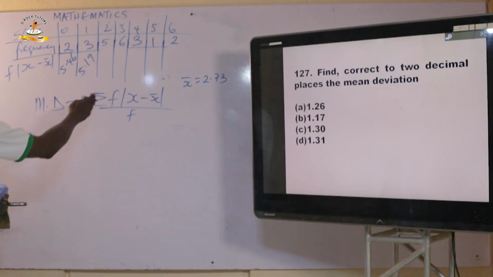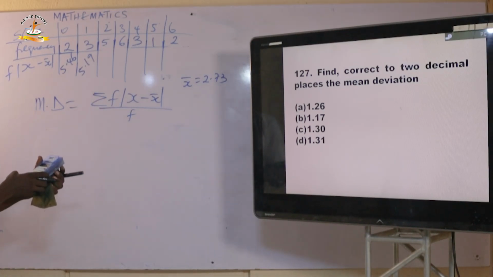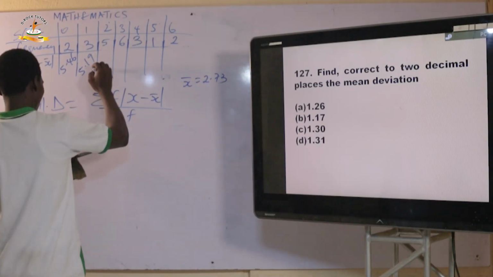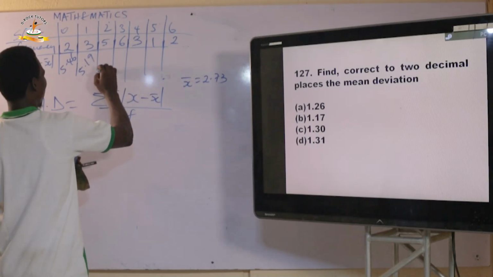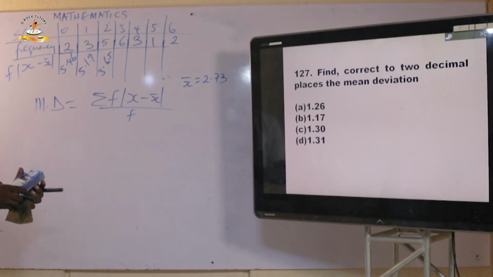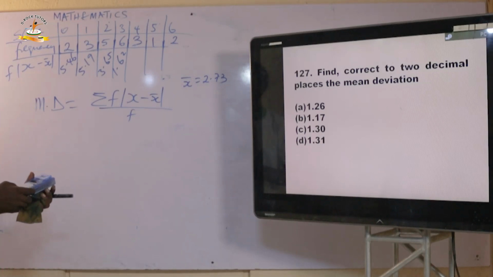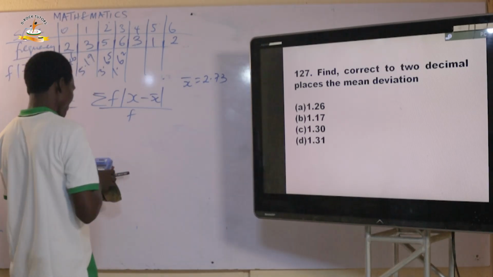I'm taking off the negative because of the absolute value. Then 2 minus 2.73, that should be 0.73 multiplied by 5 of them. That is simply 3.65. Next is 3 minus 2.73. That's 0.27. I multiply it by 6, and this is 1.62. Then 4 minus 2.73, that is 1.27. I multiply it by 3. What do I have?